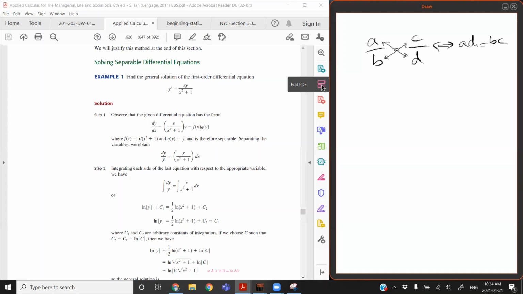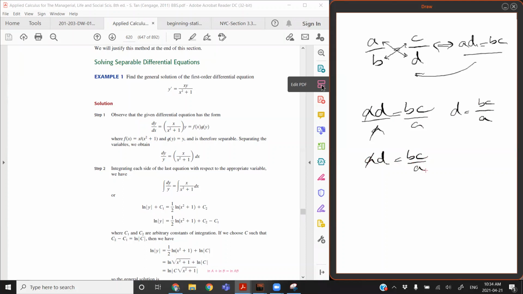And you can also go from this side to this side. For example, if you have AD equals BC, and I divide both sides by A, then this cancels this, and I get D equals BC over A. So it's as if I have AD equal BC, I can just get rid of A over here, and then A appears at the bottom here.